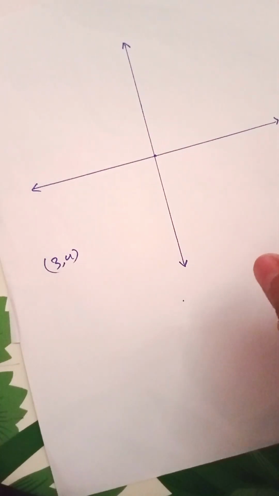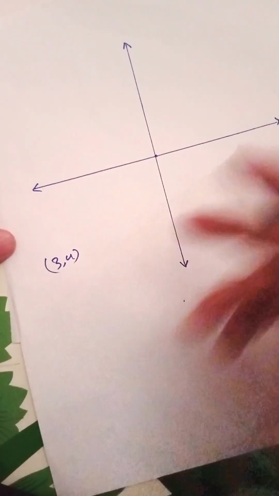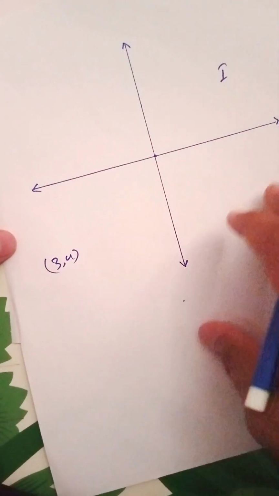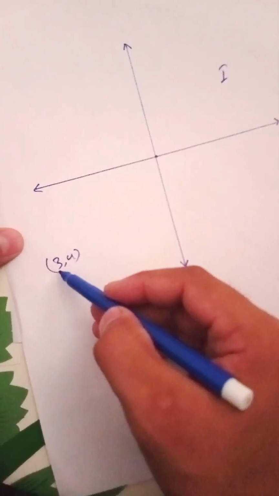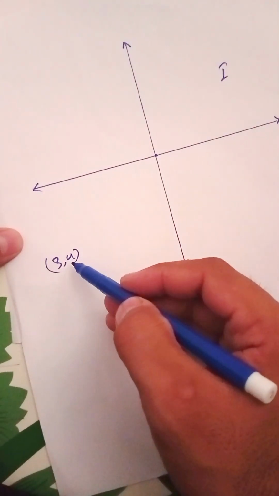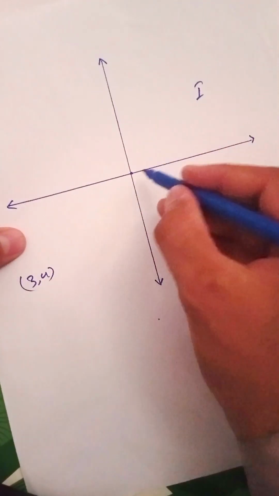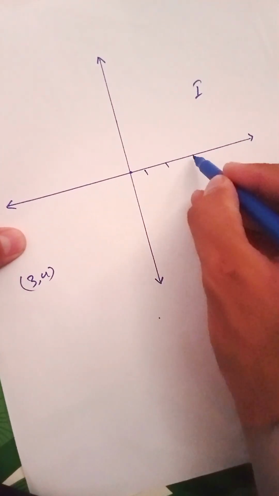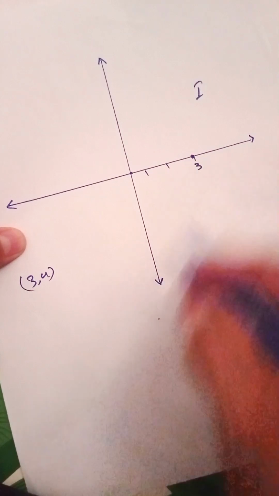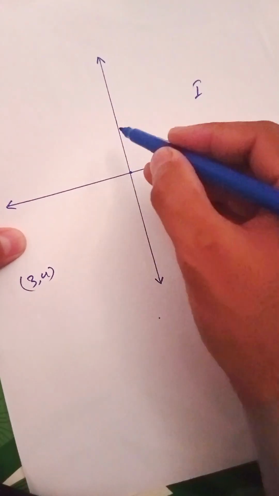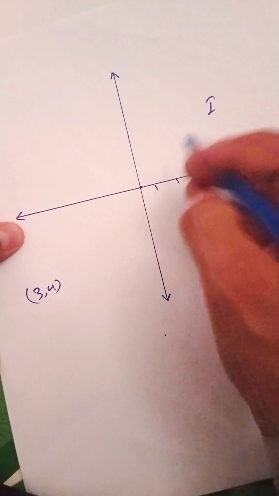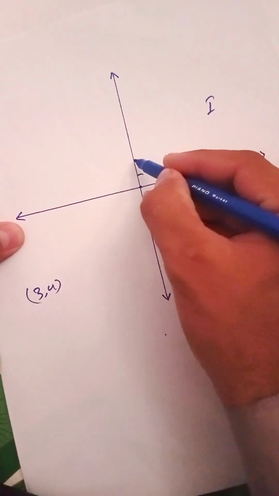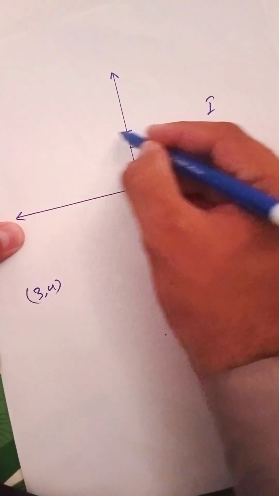By means of ordered pairs, you can say that this point is located in the first quadrant, because here the x value is positive and the y value is positive. So 3 units to the right of the origin on the x-axis, 1, 2, 3. The x value is 3 here, and 4 units above the origin on the y-axis, 1, 2, 3, 4.